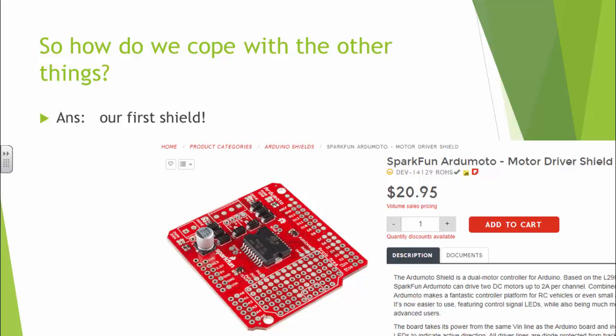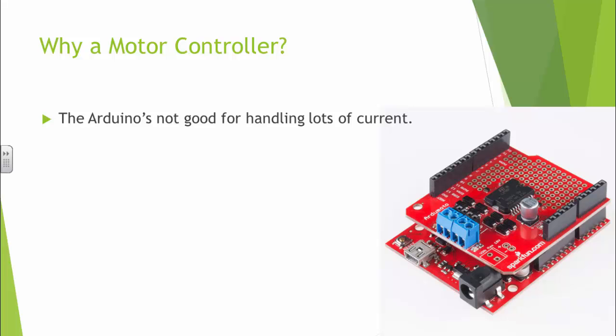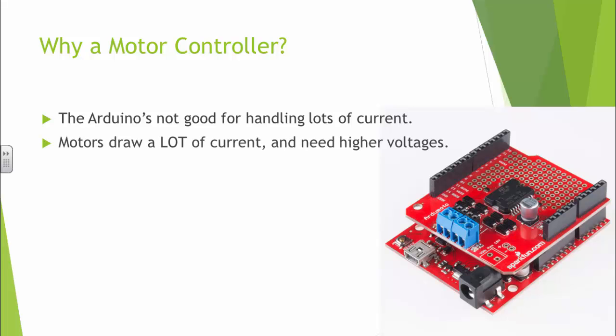The answer is with our first ever shield. You may remember that shields are hardware extensions for the Arduino. This is an inexpensive motor driver shield for our Arduino device. Why do we want to use one of these things? Well, the Arduino just is not good for handling large amounts of current. If you try to run any large amount of current through an Arduino, it will burn out.